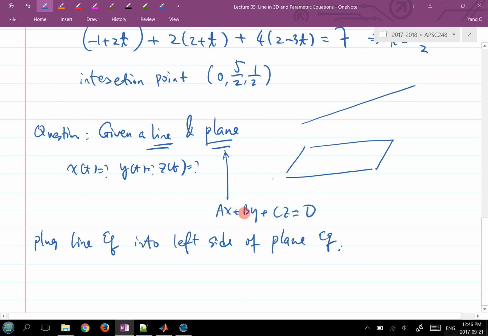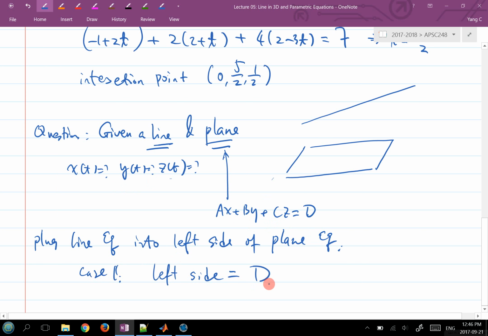Case one: once I plug it into the left side, we get left side equal to D. Whatever that line equation is, some sort of line, I plug it into the left side of the plane equation and get a constant, D. What does that tell you?